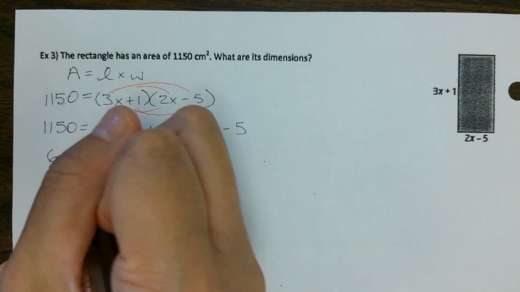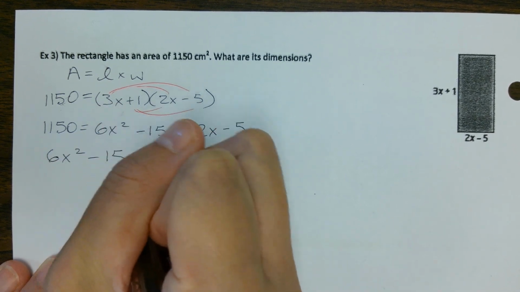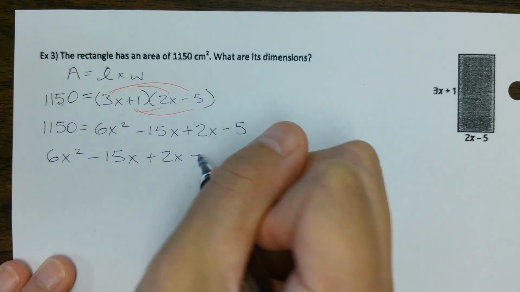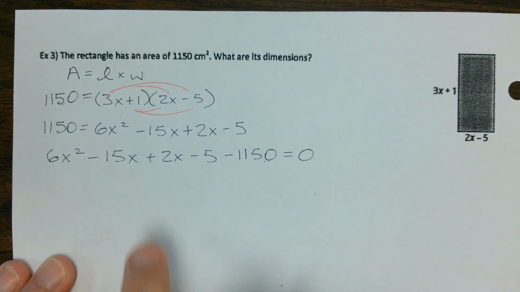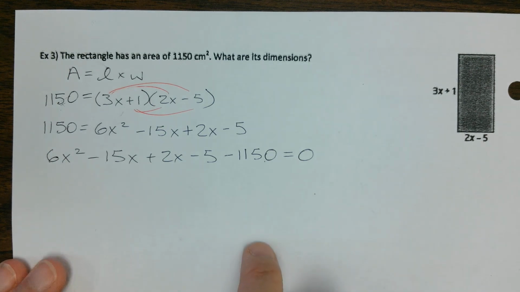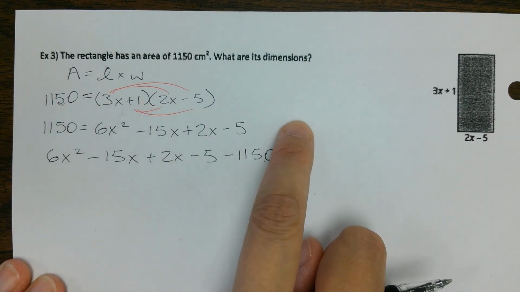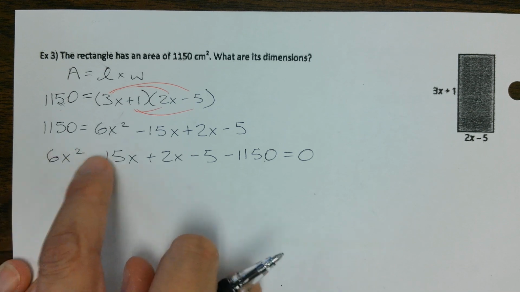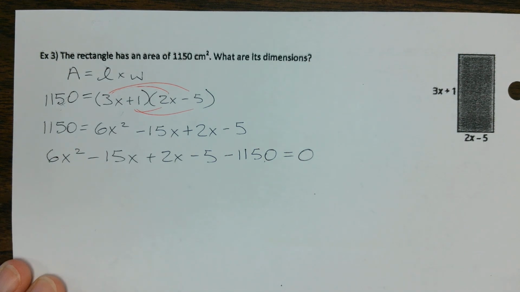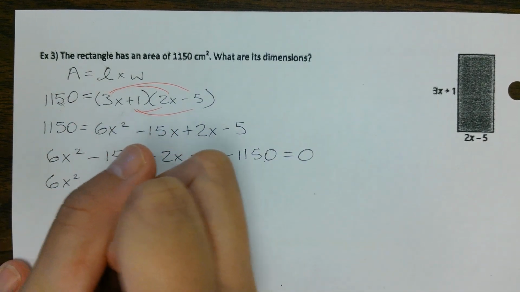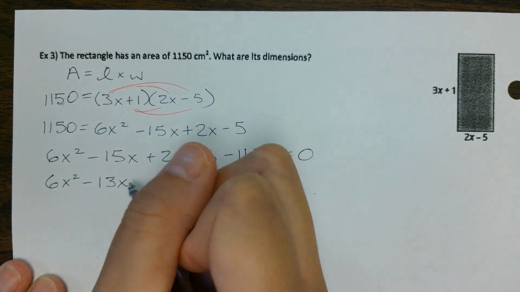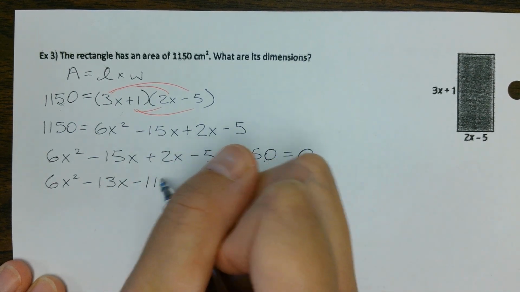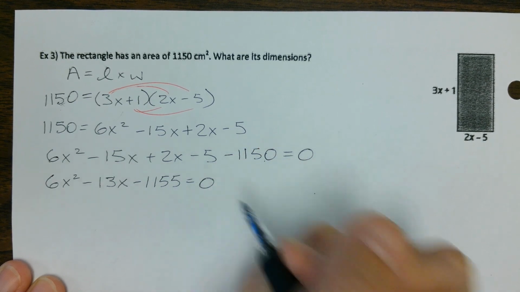So we're going to move everything to one side: minus 5 minus 1150. All right, so now everything is on one side. I moved this over. So technically 0 equals that, but your 0 can be on either side of the equal sign. It's the same. All right, 6x squared minus 13x minus 1155 equals 0.